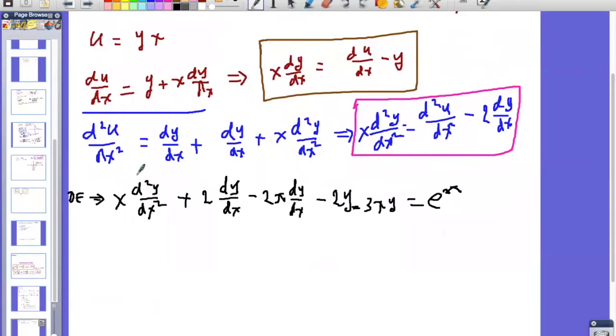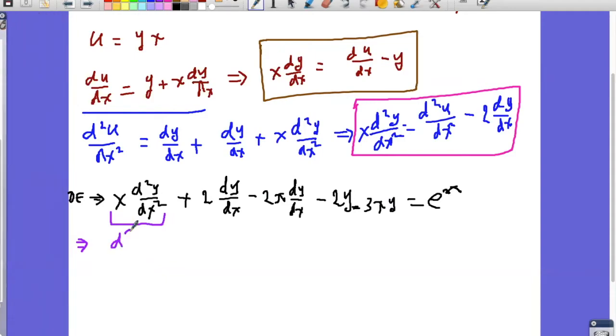Now I will come here and substitute all the terms. x dy/dx is d squared u over dx squared minus 2 dy/dx.